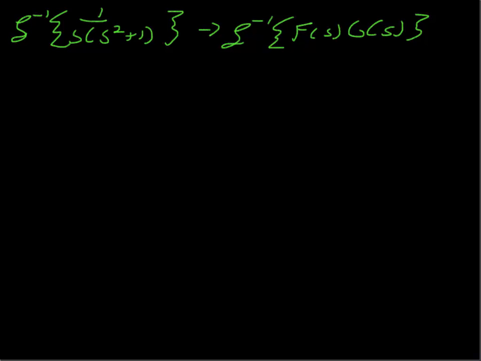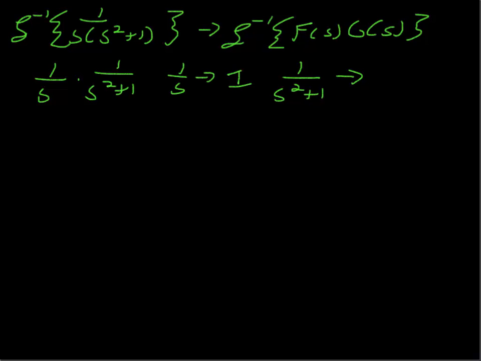So it looks like, if we just do this separately, it looks like we're going to have 1 over s times 1 over s squared plus 1. So, of course, 1 over s leads to 1, basically, is that inverse Laplace. And 1 over s squared plus 1 leads to sine t.